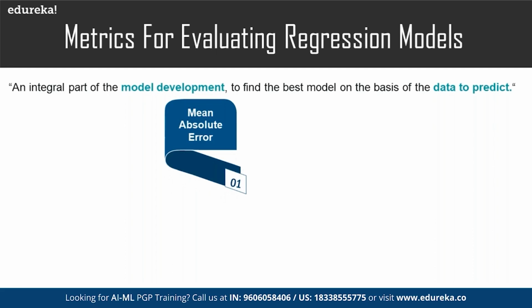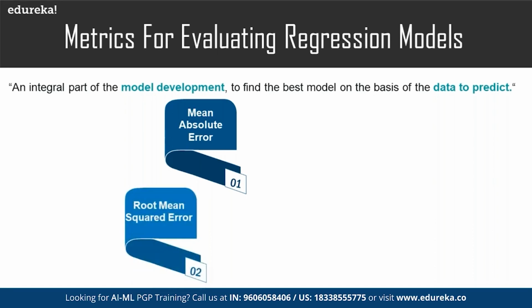So the next one, the mean absolute error, is again such an important metric, and root mean squared error, or RMSE in short, and mean absolute error, in short we call MAE. And again, we have the mathematical formulas given for all of these. RMSE is predominantly the most used error metric while we go about evaluating a regression model.